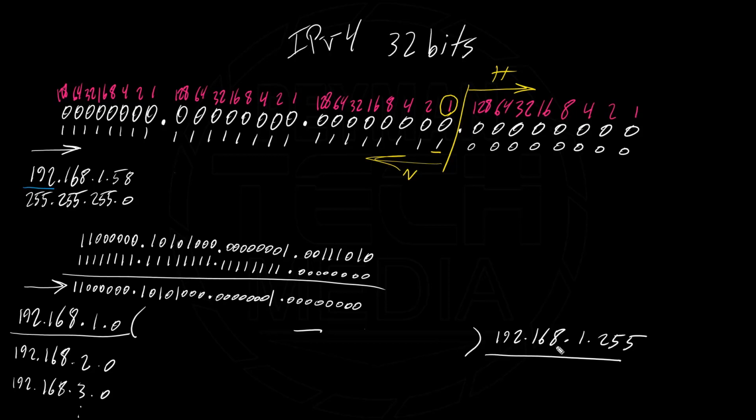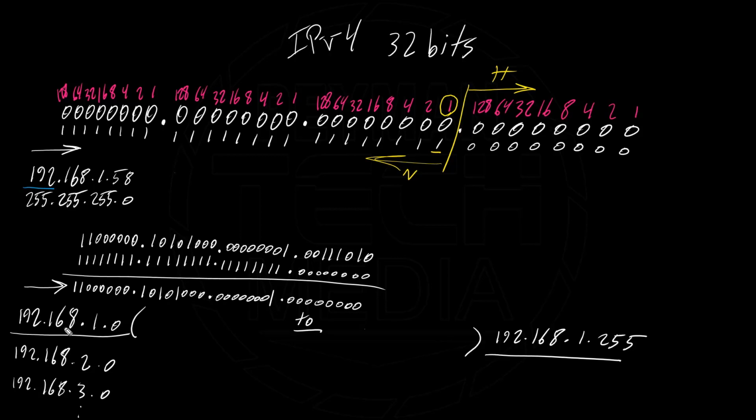So if a router receives a packet with the IP header destination address of 192.168.1.255, the router will forward that packet to all IP addresses in this range, which we will go over. By the way, the range in these parentheses is known as usable IP addresses.